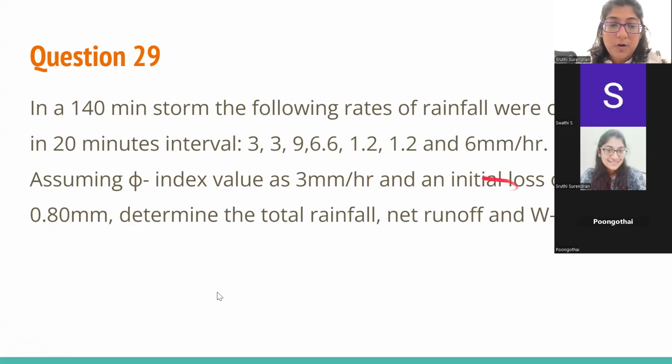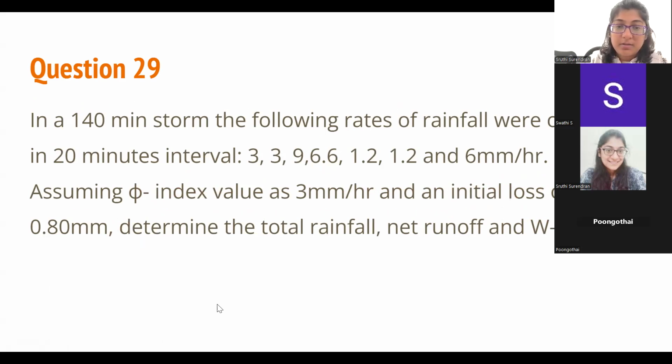So you know the formula. 11.6 is the total rainfall. You need to minus 0.8 and 1 from 11.6. That calculation which I've given is not correct.